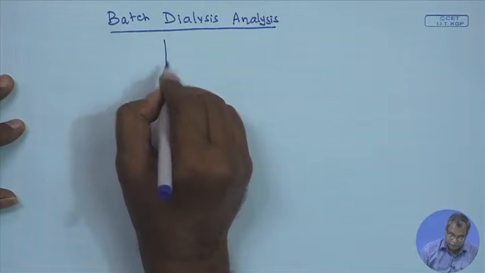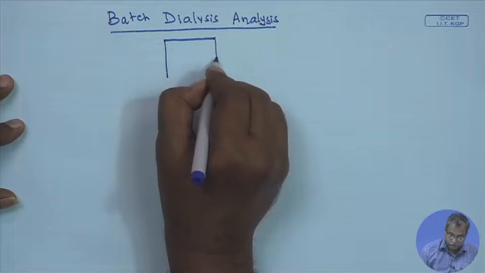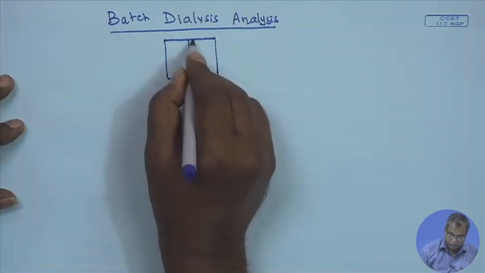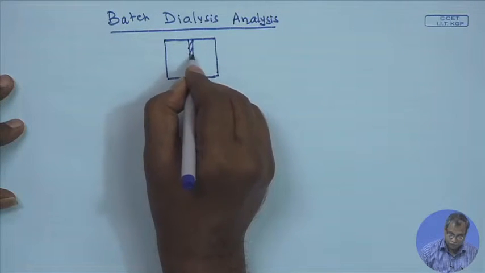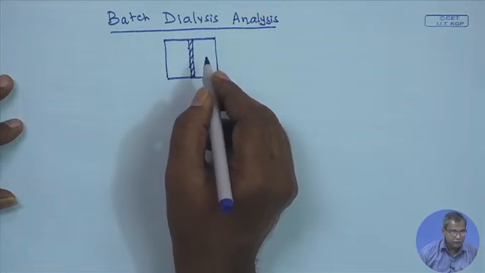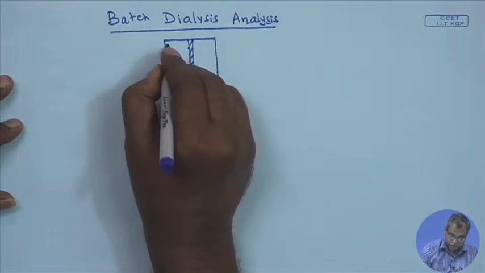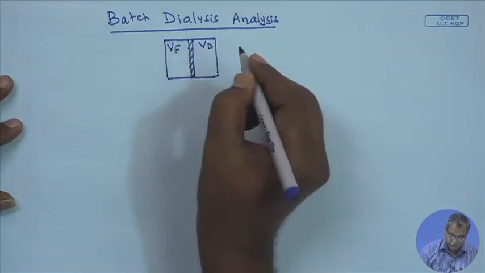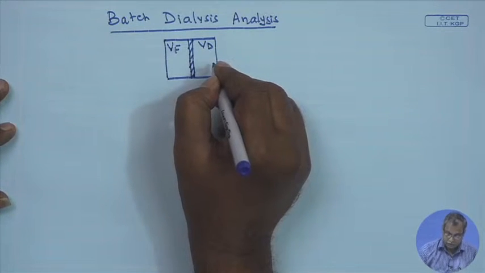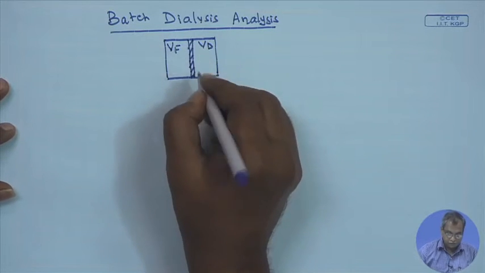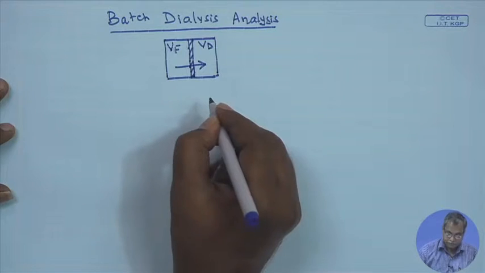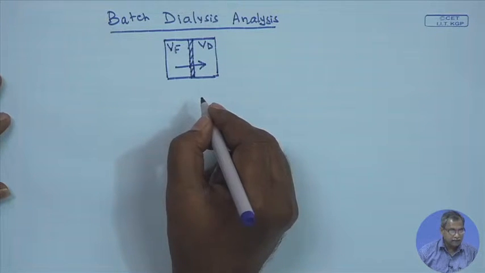In a batch dialysis analysis, there will be no continuous flow. The cell is exactly the same as before. The two chambers are separated by a semi-permeable barrier, where the volume of the feed chamber is Vf and the volume of the dialysis chamber is Vd. We put a dialysis solution in the dialysis chamber, in most cases pure water, and we put a solution in the feed chamber, and there will be mass exchange from the feed side to the dialysate side.